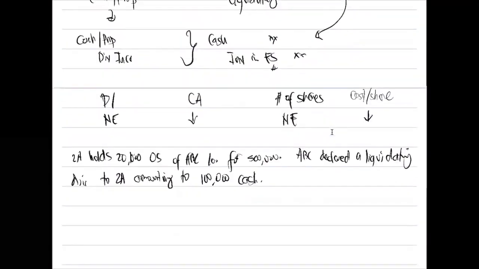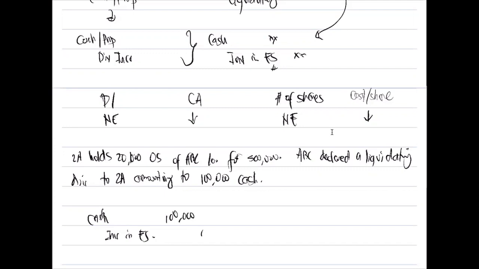So how do we record that? We debit cash, we credit investment in equity securities. You can also put ABC there so it is easier for you to account for it. So cash, investment in equity securities, the amount of the liquidating dividend, 100,000 pesos.